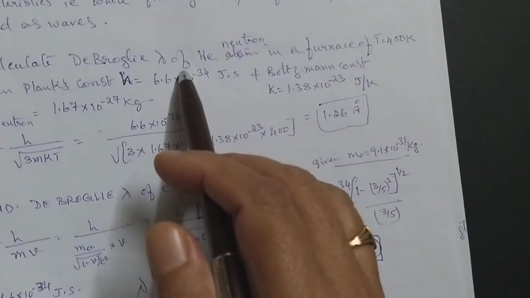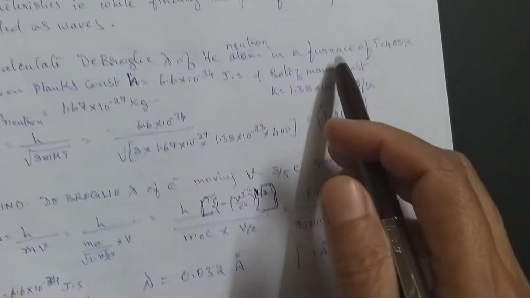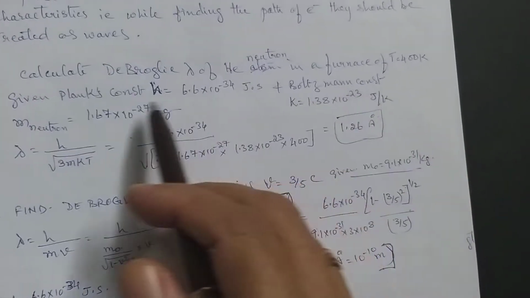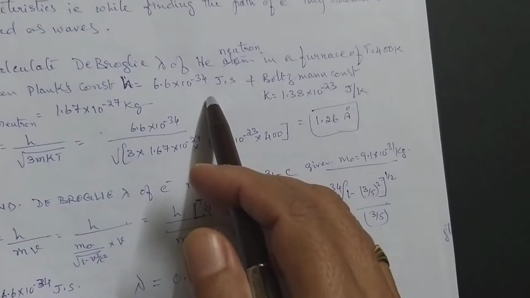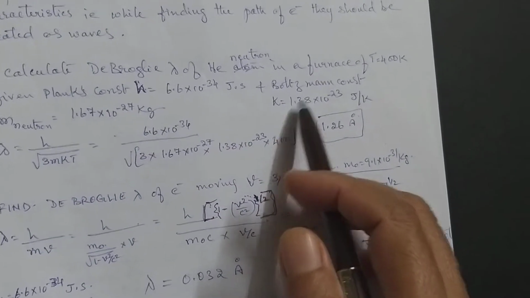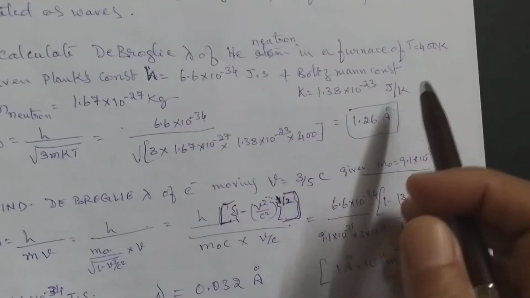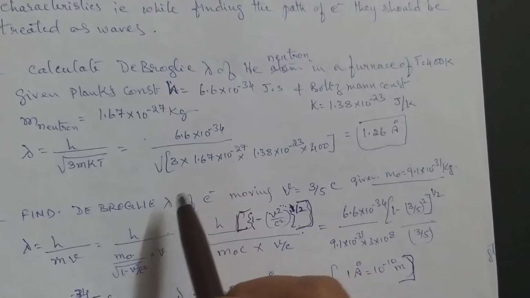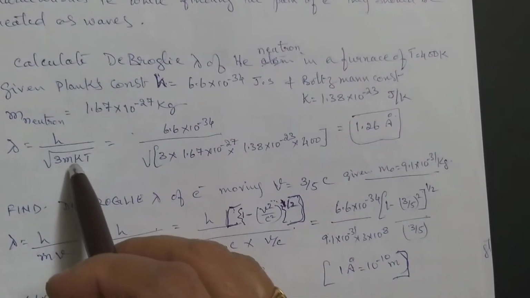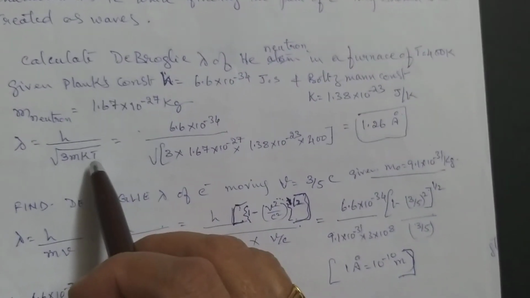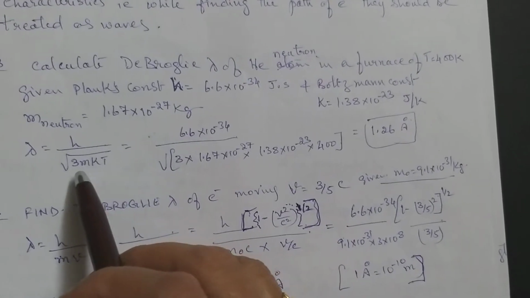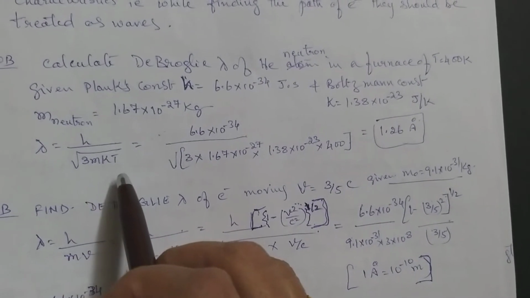Here the de Broglie wavelength lambda of a neutron is asked to be calculated, given Planck's constant and Boltzmann constant also, at a temperature of 400 degrees Kelvin. So when temperature is mentioned, then the energy will be kT. E is equal to kT, and it is the root of 2 m kT.